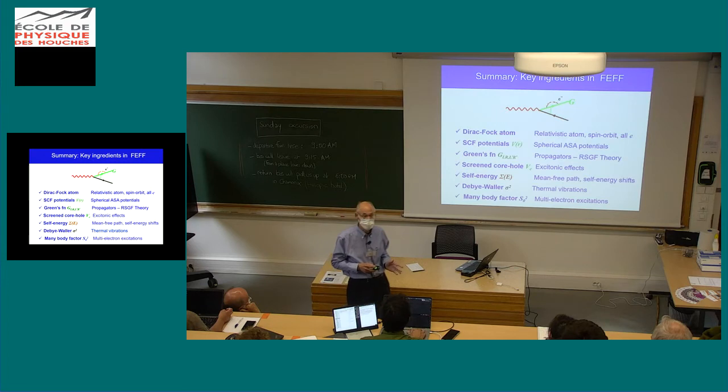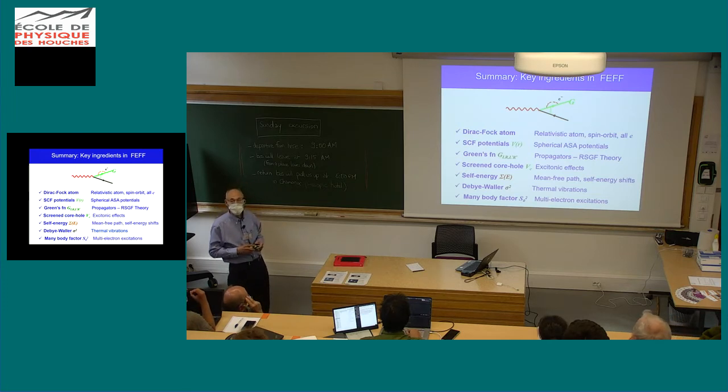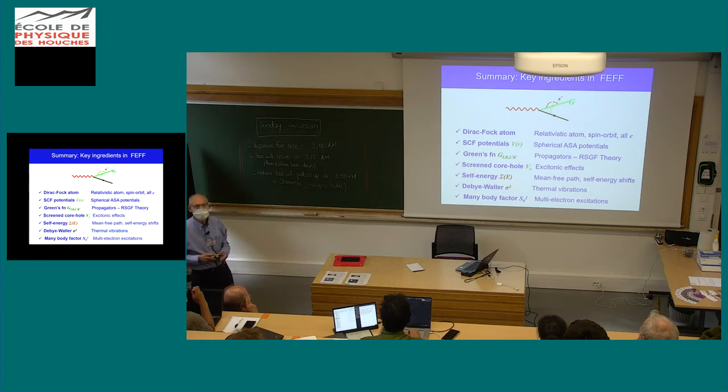So it makes sense to start with a relativistic Dirac-Fock solver. We use a solver that was done by Desclaux. We got it in Fortran 4 from him and sort of upgraded it. So this builds in spin orbits and all that stuff.